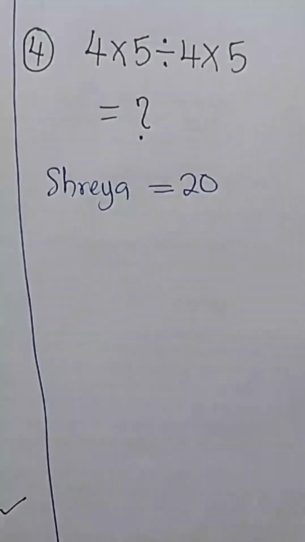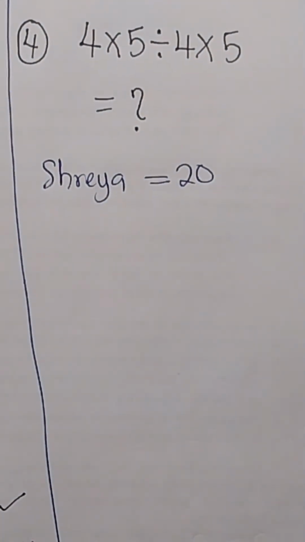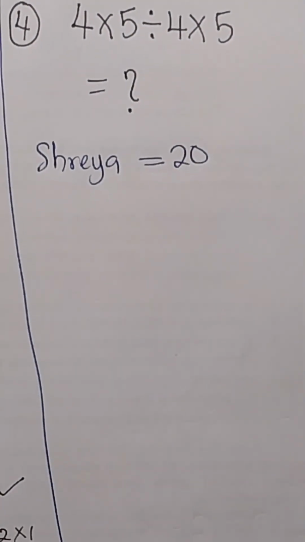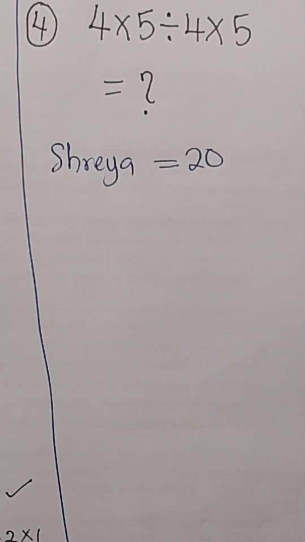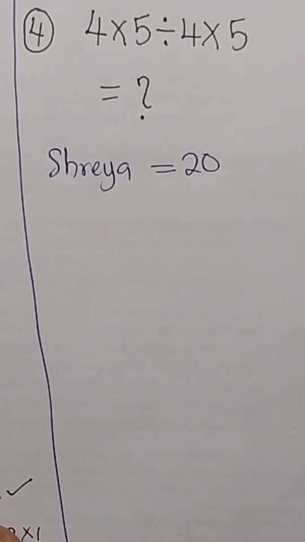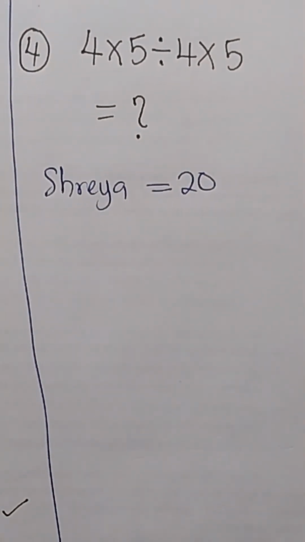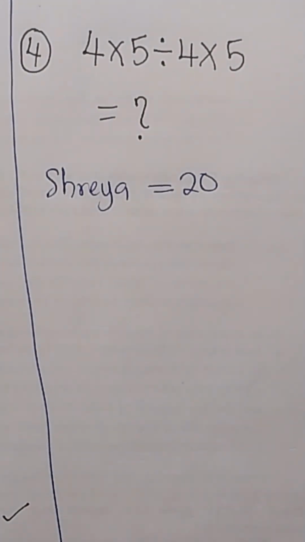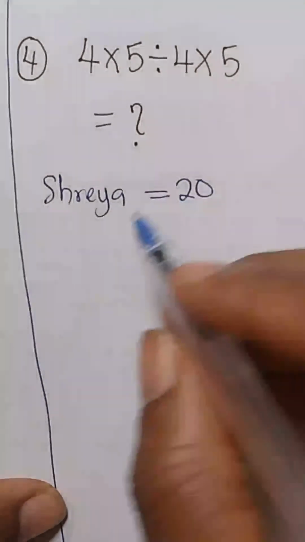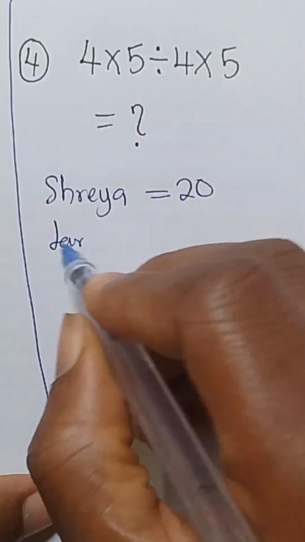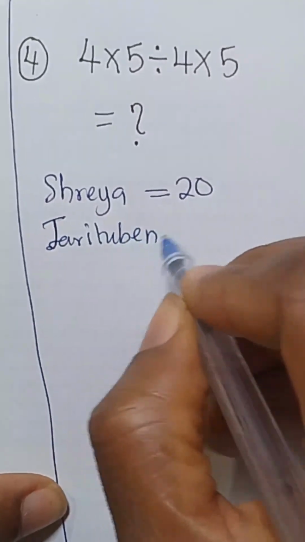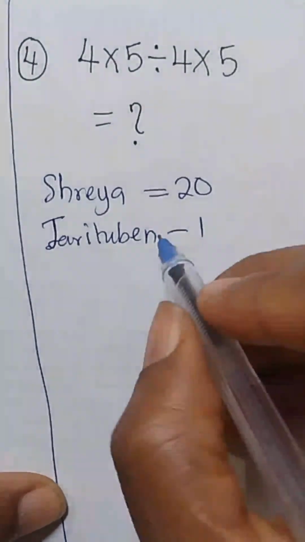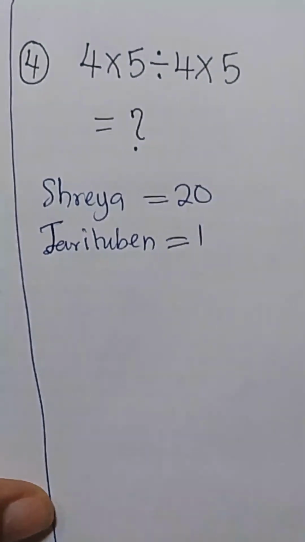Who is next? So more answers. The first answer says 20. The next answer: 1. All right, so more answers, please.